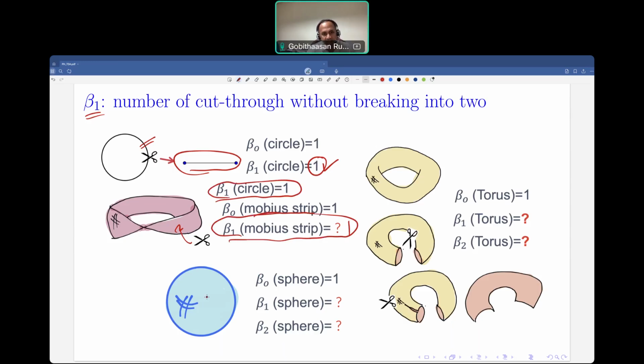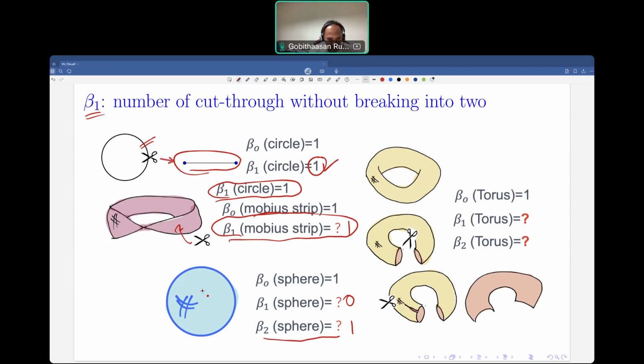How many times can you cut this through? So there's no Betti 1 actually. There's no one-dimensional hole. Whereas there is one sphere, right? One sphere, while Betti 2 is 1. Why? You can make one poke like that, one poke. If you make one poke, it becomes one piece.